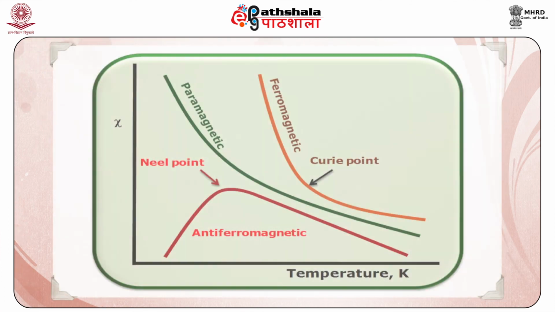In ferromagnetic substances, within a certain temperature range, there are net atomic magnetic moments which line up in such a way that magnetization persists after removal of the applied field. Above the Curie point, thermal motion is sufficient to offset the aligning force and the material becomes paramagnetic.